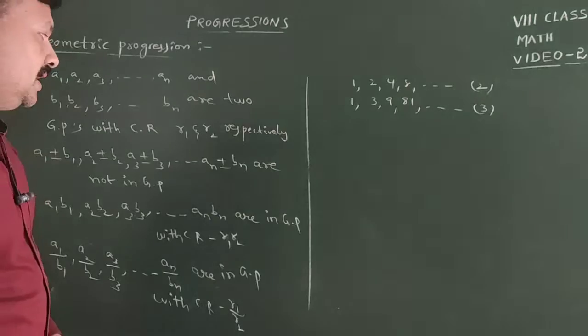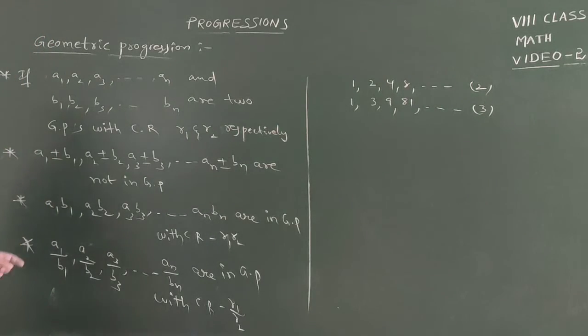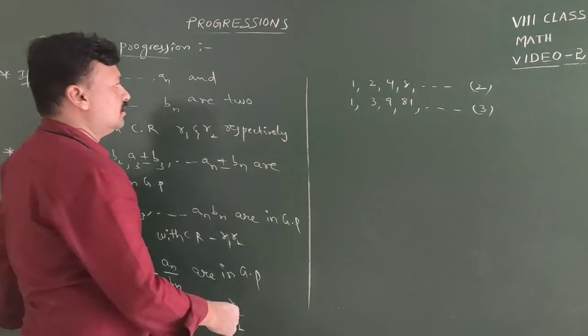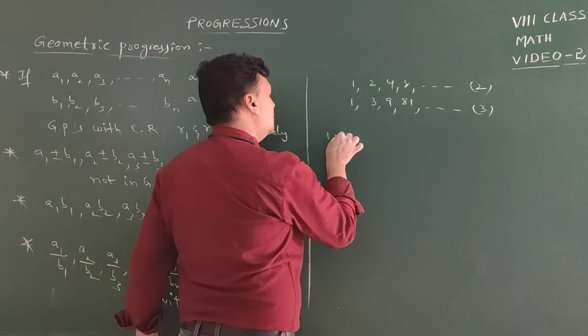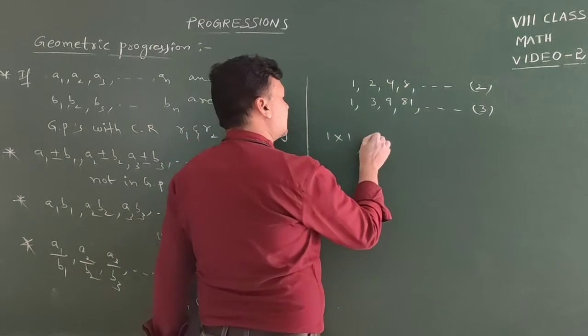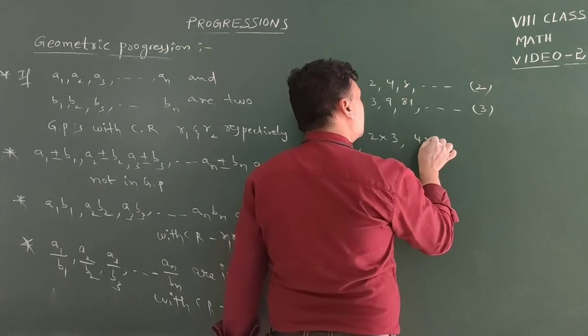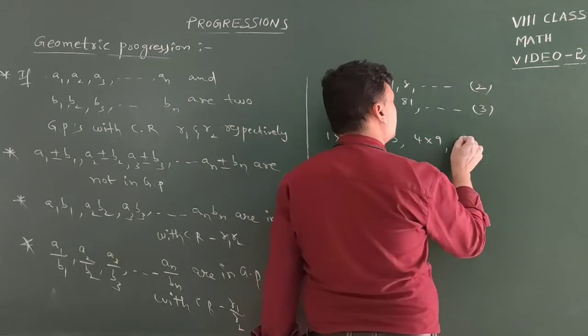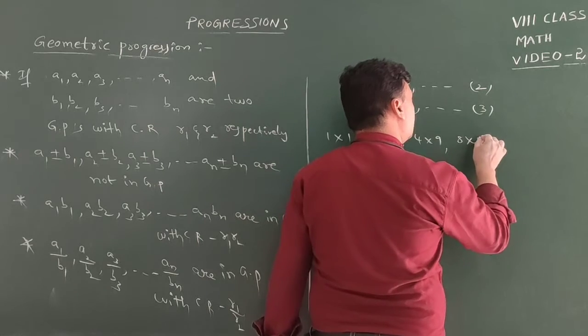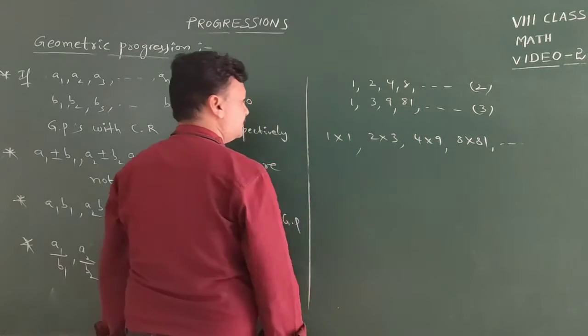If you multiply both terms, here 1 into 1, the second one 2 into 3, the third one 4 into 9, 8 into 27 in this way.